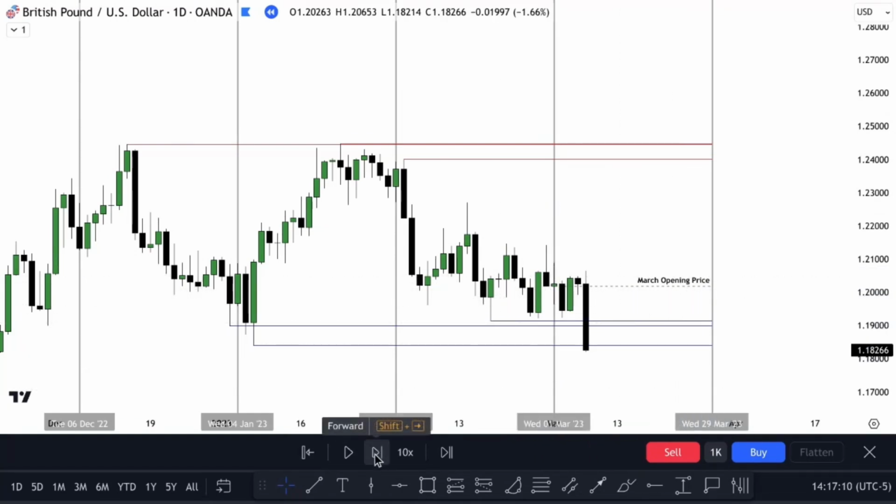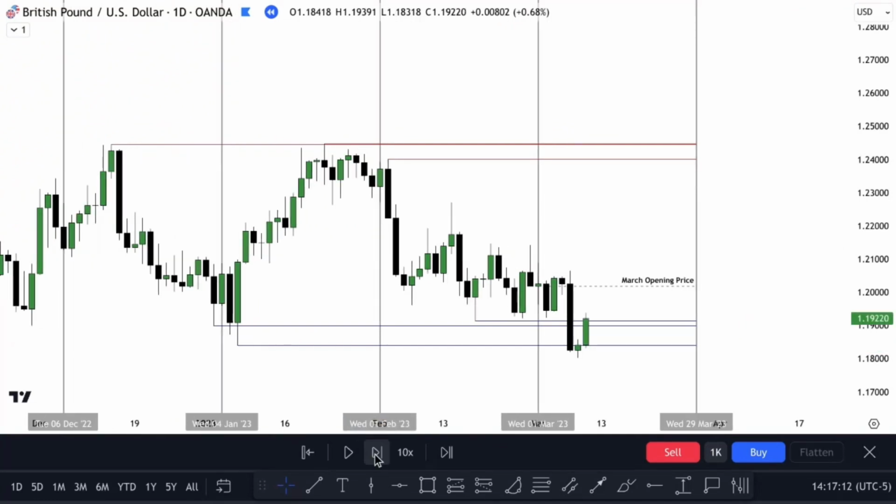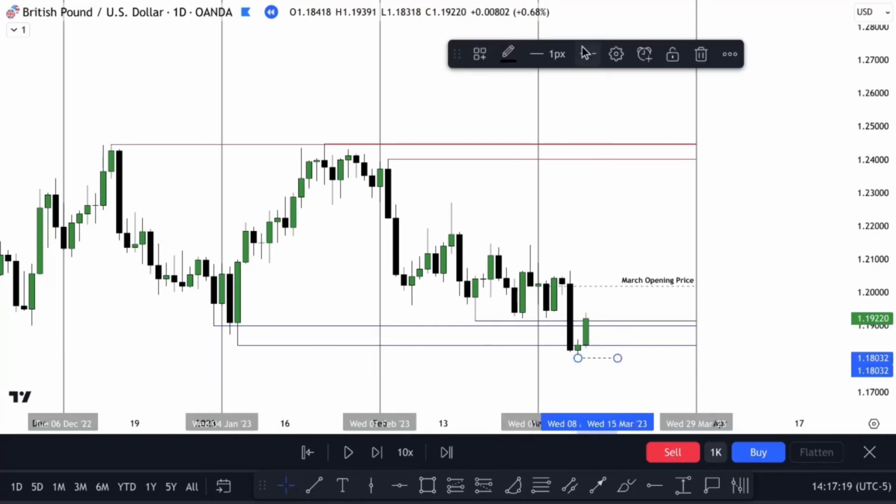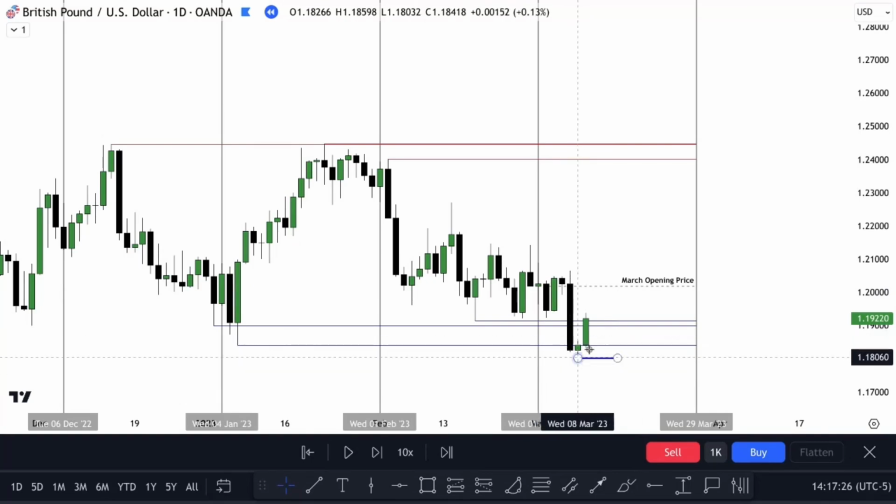We play it forward. We're going to see price make a swing low formation. So we create a swing low here. And we're just going to make this one a little thicker. We create a swing low formation. If it's going to be a bullish month, it's most likely going to form a swing low formation below the opening price.